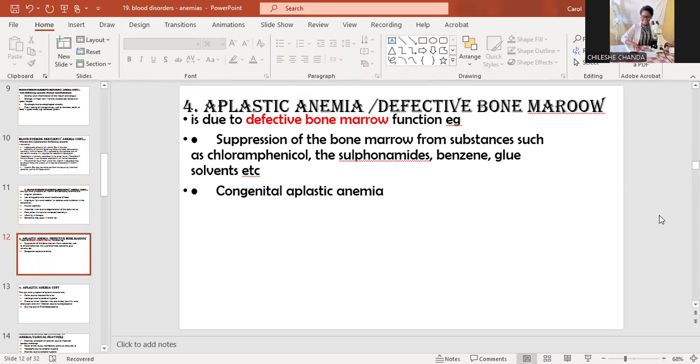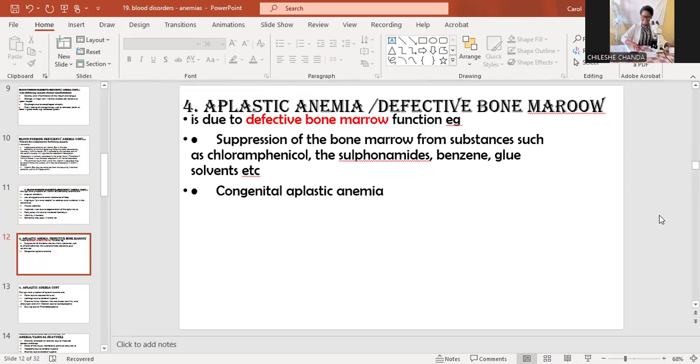For others, it could be when they are taking several substances, for example drugs. We have several drugs that suppress the bone marrow function, and these include things like chloramphenicol. One of the side effects of chloramphenicol is the reduction in immunity, because once the bone marrow is defective, all blood cells will be affected.